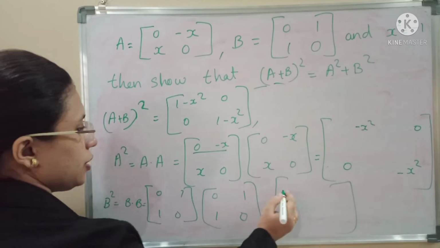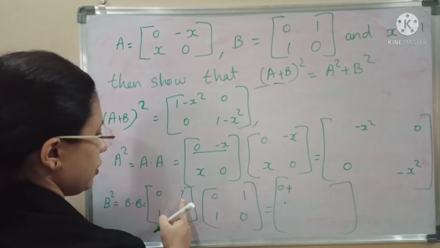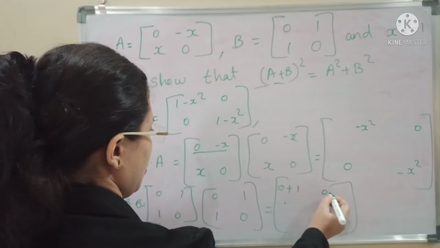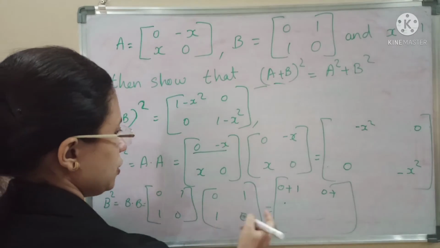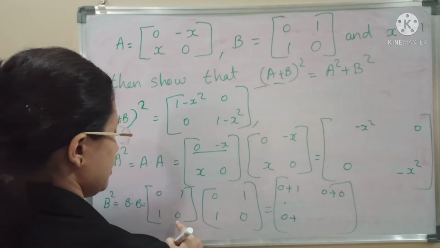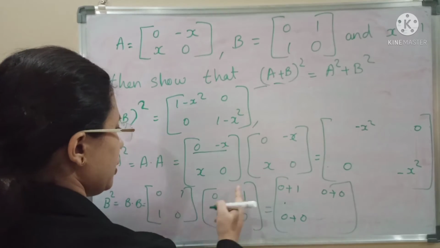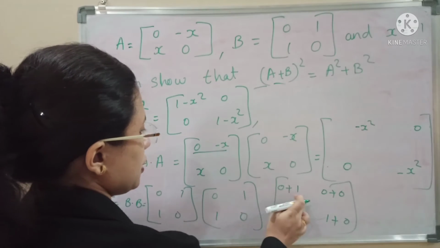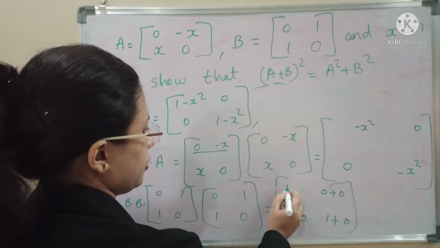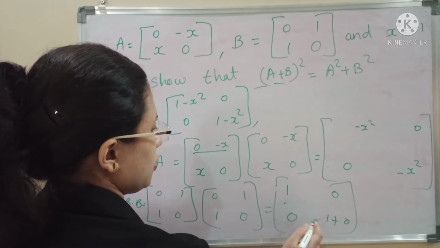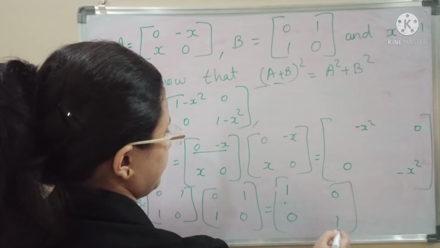So 0 into 0 is 0 plus 1 into 1 is 1. 0 into 1 is 0 plus 1 into 0 is 0. 1 into 0 is 0 plus 0 into 1 is 0. 1 into 1 is 1 plus 0 into 0 is 0. So 0 plus 1 is 1, 0 plus 0 is 0, 0 plus 0 is 0, 1 plus 0 is 1.